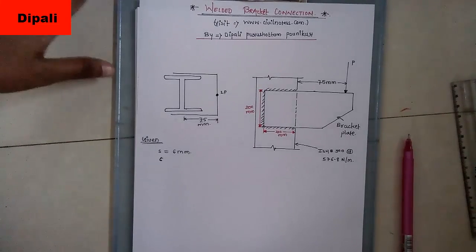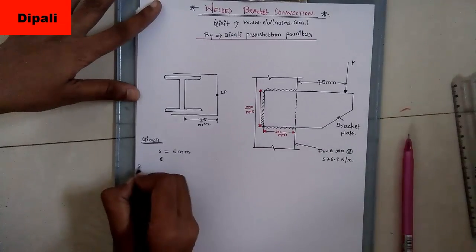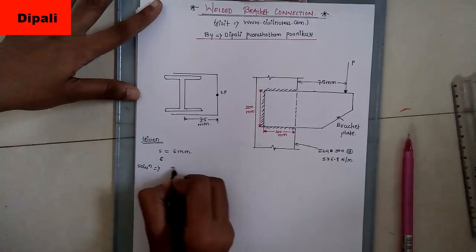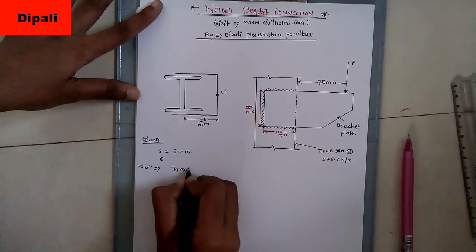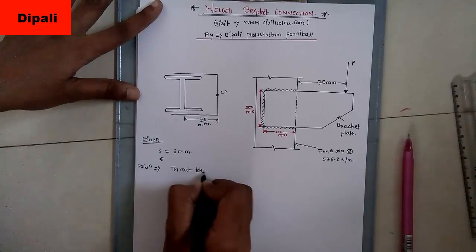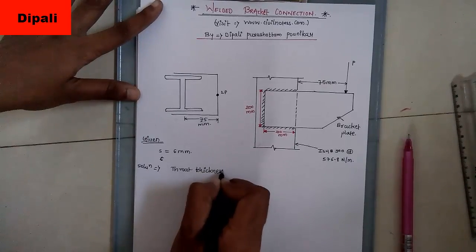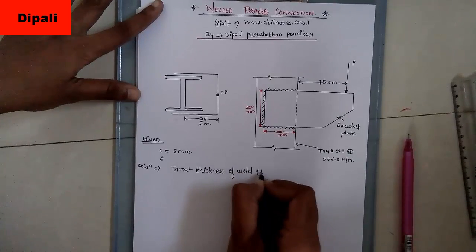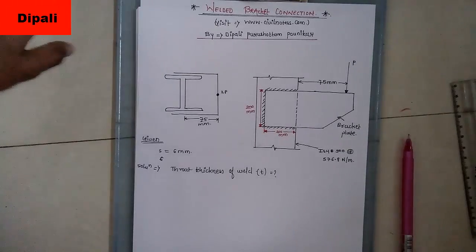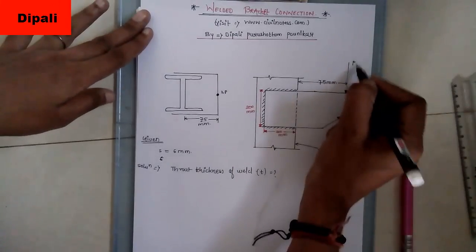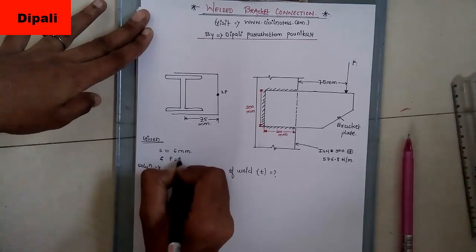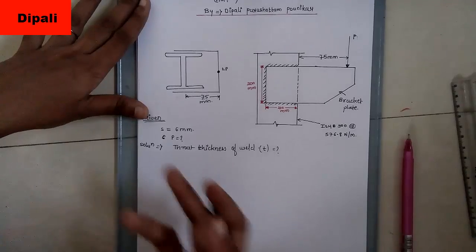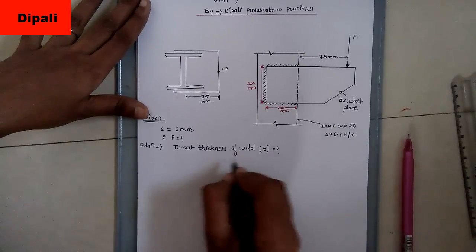After that, the first step for the solution is the throat thickness of the weld. Firstly, we have to calculate the load P, or you can say the maximum service load.